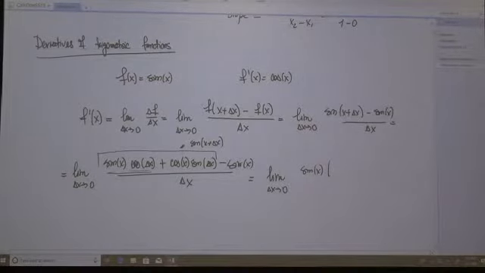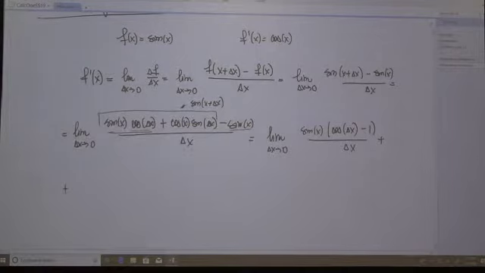Cosine of delta x, right? If I take sine of x out of here, what is left? It's minus 1, right? Divided by delta x, plus the limit of cosine of x multiplied by sine of delta x over delta x, where delta x goes to 0.